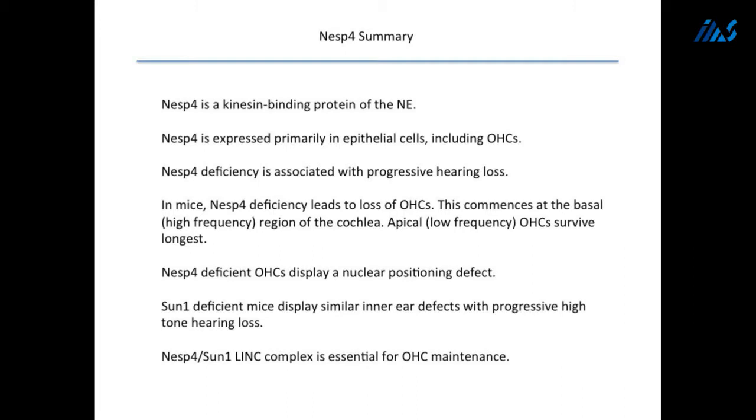And evidently, a nesprin 4 SUN1 LINC complex is essential for outer hair cell maintenance. Now, the big question here, of course, is why mispositioning of the outer hair cell nucleus leads to cell death. That's something I can speculate on at length, but I won't speculate right now.